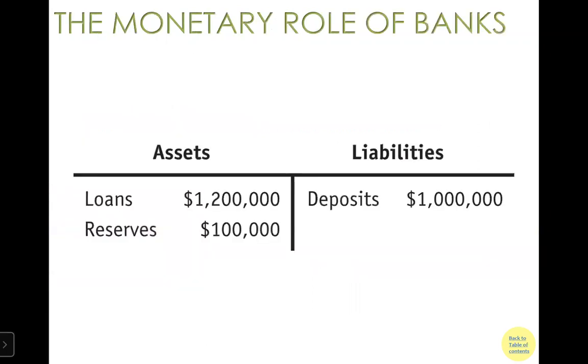So we can use this T account to explain how a bank works, or what the business model for a bank is. And from here, we will also understand how a bank can create money.